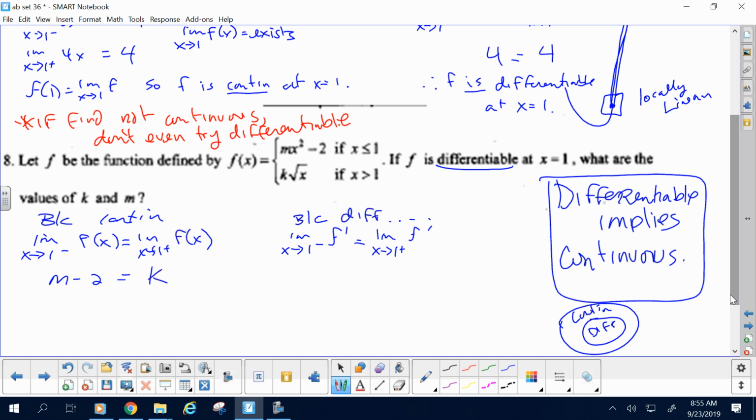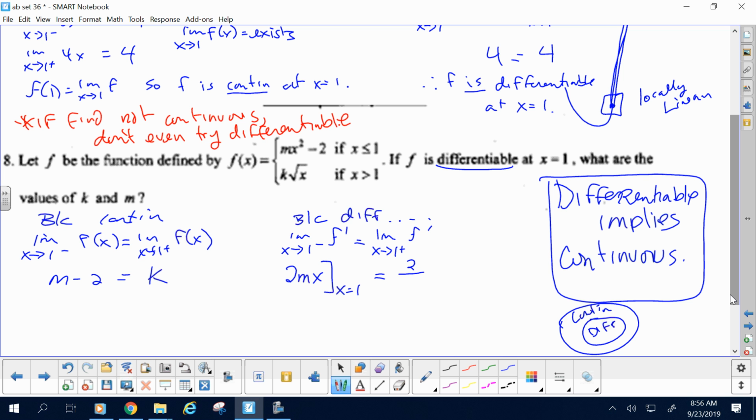Are you with me? What's the derivative of the left-hand branch? 2mx. I'm going to do this like we typically do in 2 steps. I'm going to say there's the derivative, and I'm about to evaluate that at 1. And that needs to equal the right-hand branch. What's the right-hand branch's derivative?